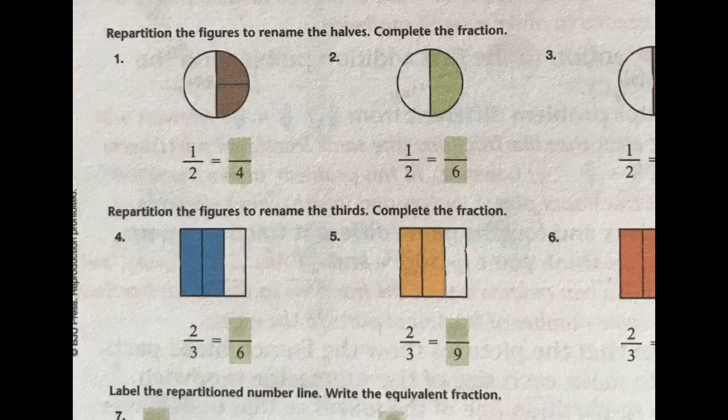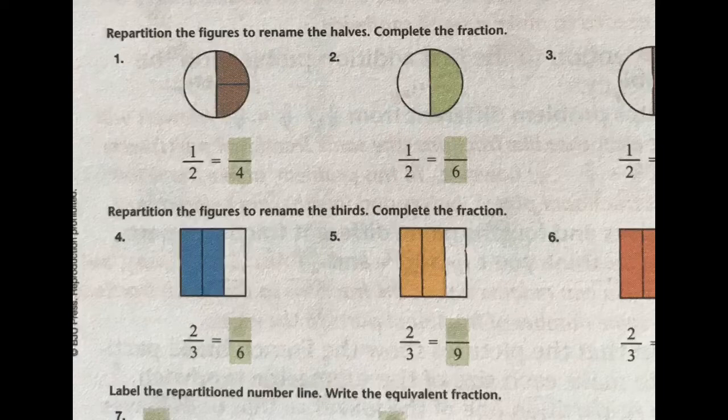It says 1/2 equals what? How many fourths? Well, we can see the colored part. See it right there. And we can see it's divided into 2. Mine has a little extra line there, because whenever I was erasing the answers, I didn't get that part.